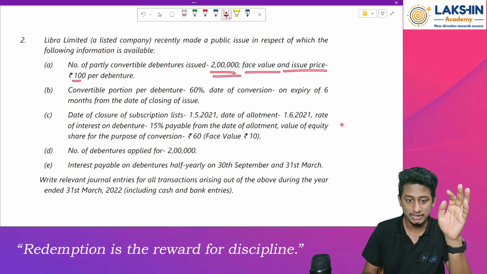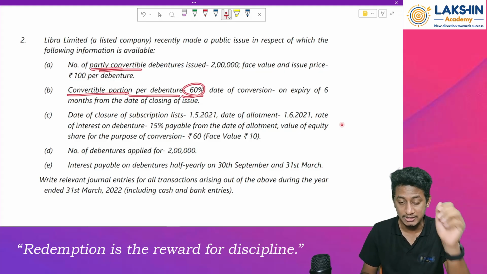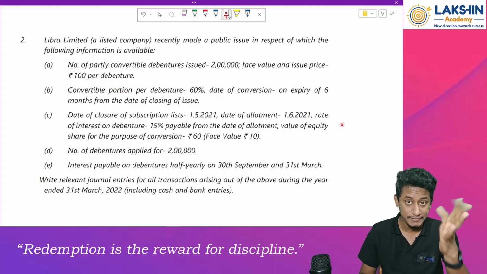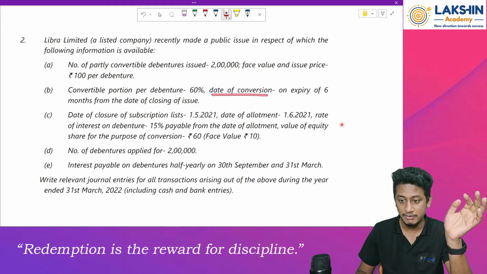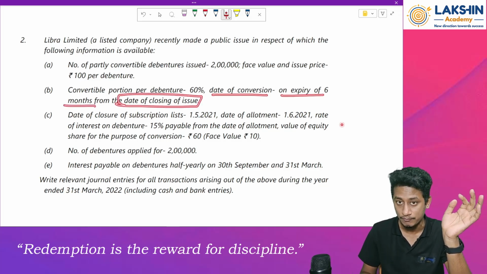Face value and issue price is how much? Rupees 100 per debenture. Then convertible portion per debenture is 60%. That means it is a partly convertible debenture. That means only 60% can be converted into what? Into equity shares.